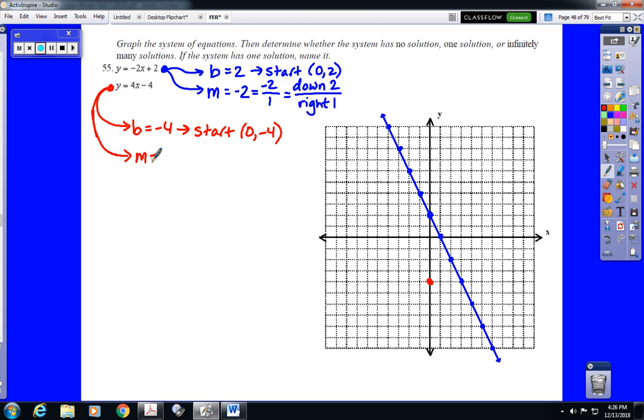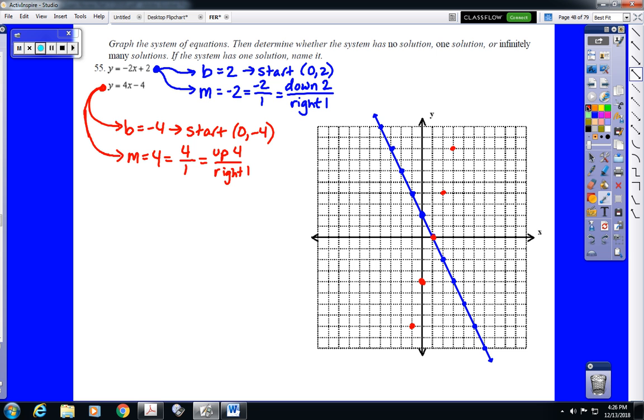And the slope of 4, which can be written as 4 over 1, is telling us to go up 4 and right 1. So from there we go up 4 and right 1, up 4 and right 1. Could also go down 4 and left 1. So those points would be on the second line, which I will graph in red. Looks like this.